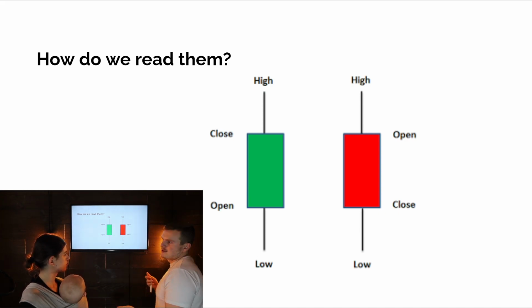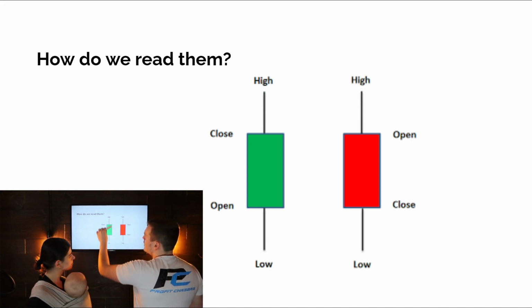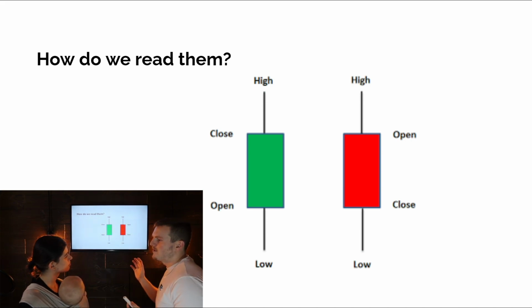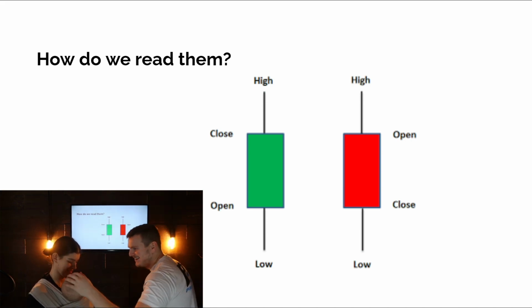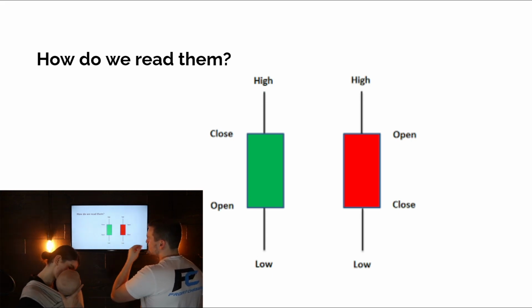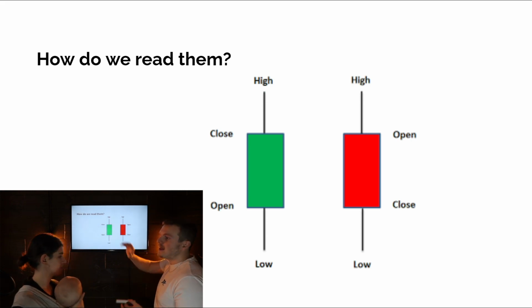Now, after that 1 minute is up, the top of this candle is the close, and it closed at, say, $1.50. So what happens is, because it's green, the price increased in that unit of time.